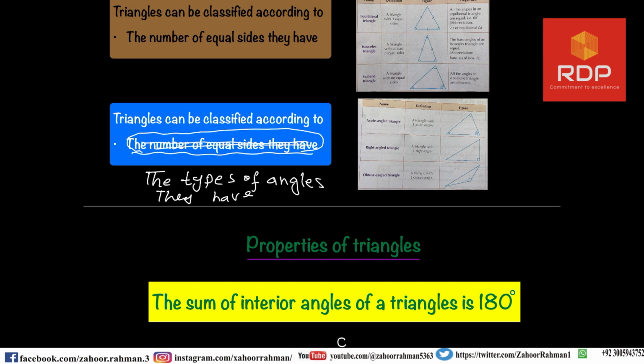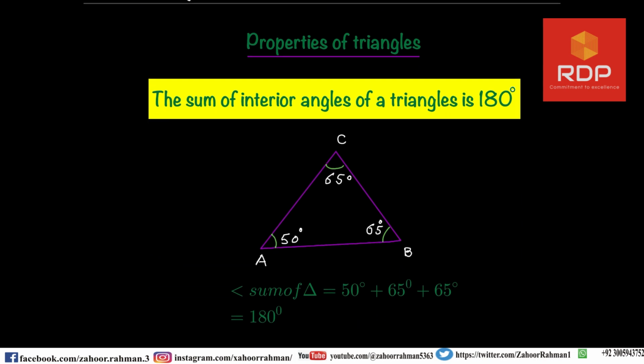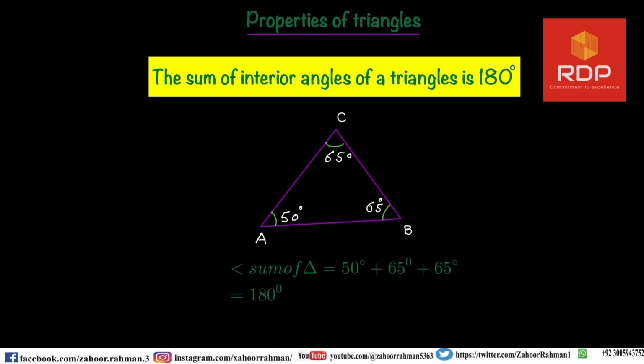Now we learned in primary school that the sum of interior angles of a triangle is 180 degrees. So now let us revise that concept as well. Ladies and gentlemen, we are talking about the interior angles.